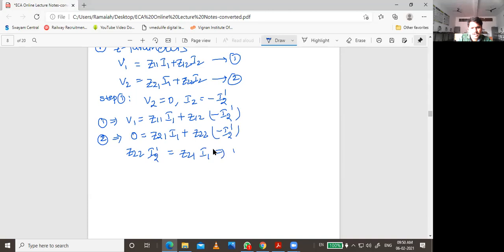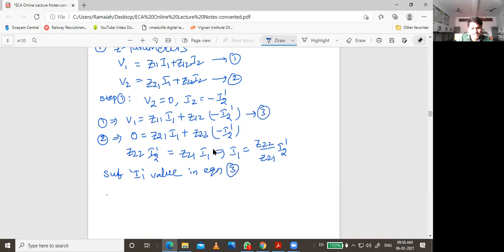So from this, I1 equal to Z22 by Z21 into I2 dash. Substitute this value of I1 in the equation, let us say this is equation 3.